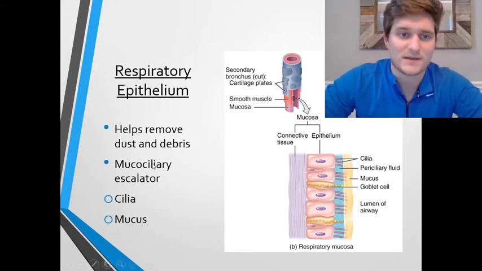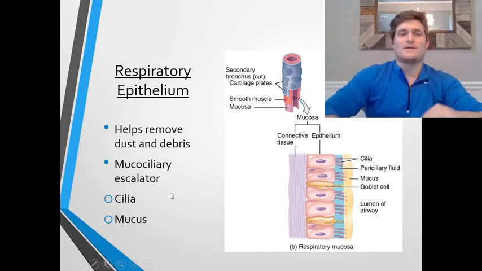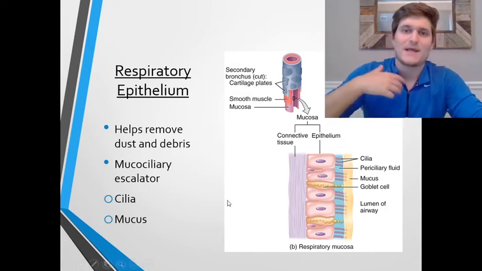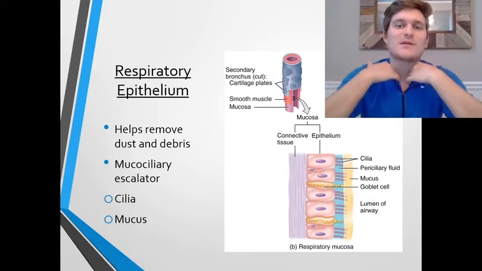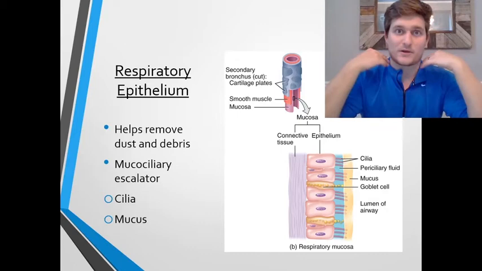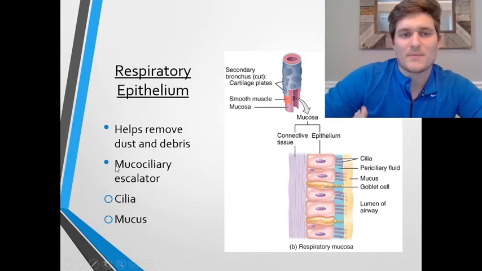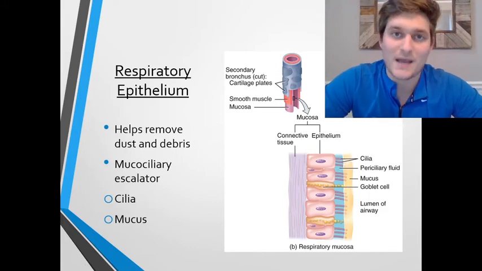So this mucociliary escalator is basically the process of these hair-like projections called cilia and mucus trapping these different particles, this different dust, these different microbes, and basically trying to expel it out of our air pathways. And what that's going to do is that mucus makes its way up through our trachea, and we're going to either spit it out or we're going to swallow it. And this is just a protective mechanism, again, just to get rid of different particles and different microorganisms that may potentially bring damage to our air pathways.